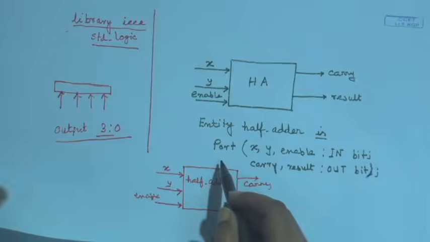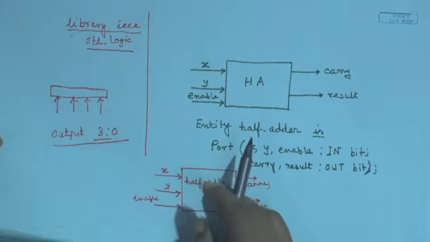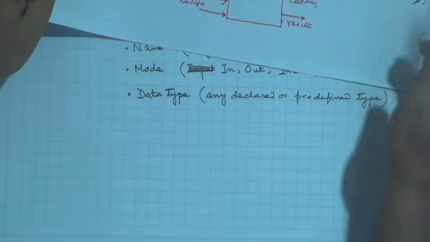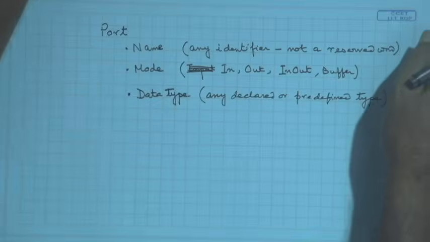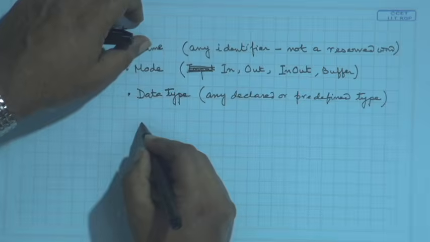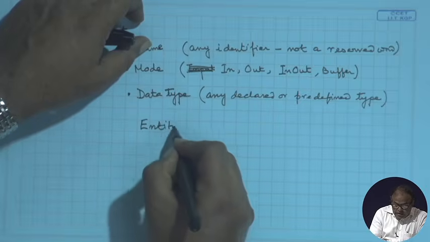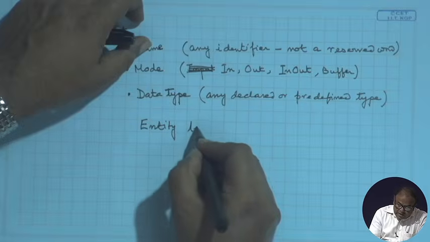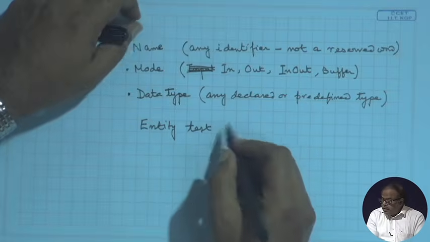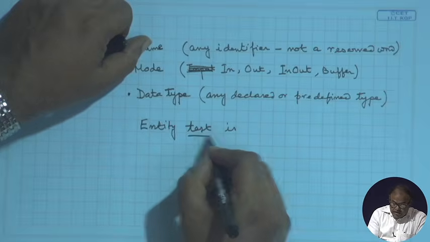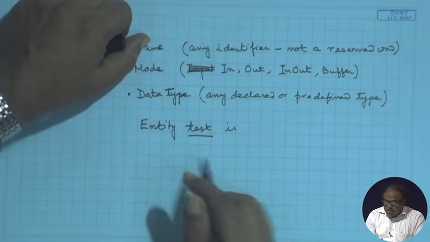So here, if we take back this, we can see that we have the port declaration, and so I can declare an entity like entity, say test, some entity test is, this is the name, with the ports.